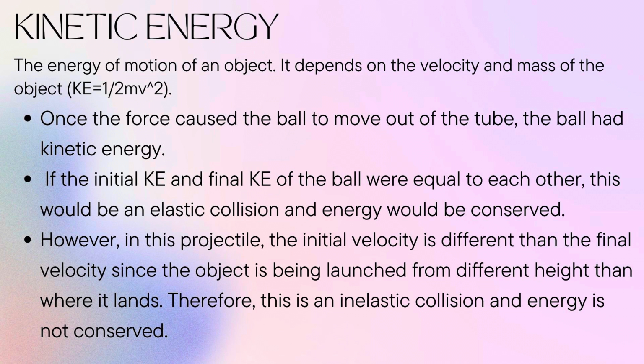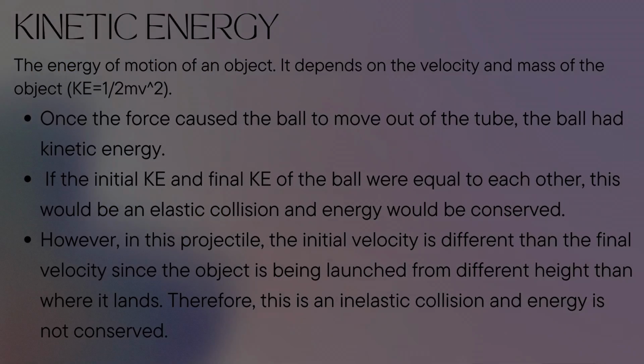But in this case, the initial velocity is different from the final velocity, since the ball is being launched from a different height than where it lands, so the final and initial kinetic energies aren't equal, so this is an inelastic collision and energy is not conserved.